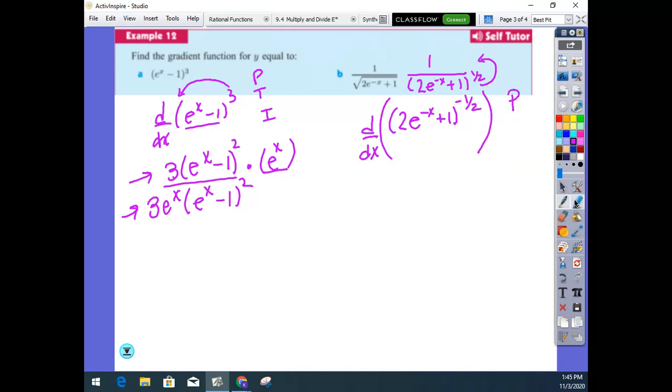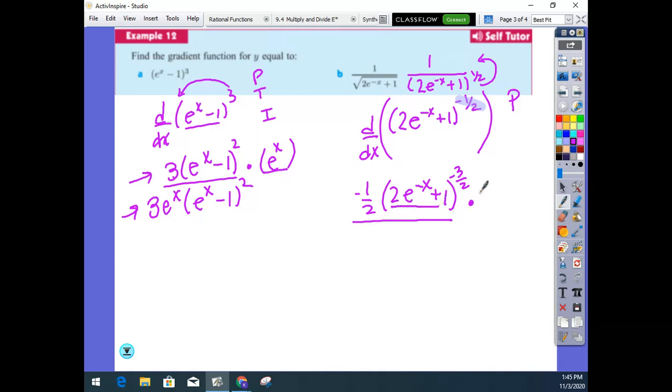Power, trig, inside. When I bring the power down, subtract 1 from the exponent. This whole thing is just the power. Chain on the inside.